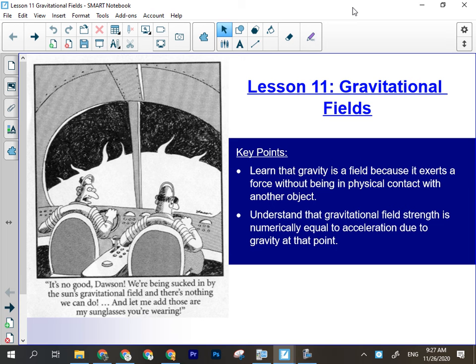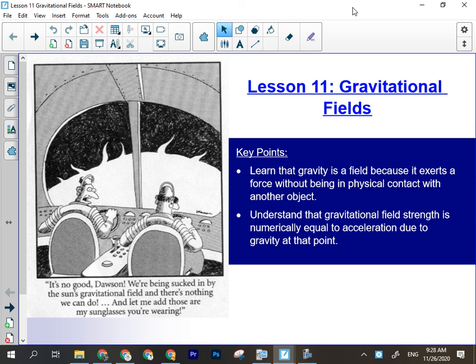All right, so gravity is a field force. Up until now, the only time you probably heard about force fields and stuff like that was in science fiction. Force fields are science fiction, but field forces, on the other hand, are not. There are many forces that act as field forces.